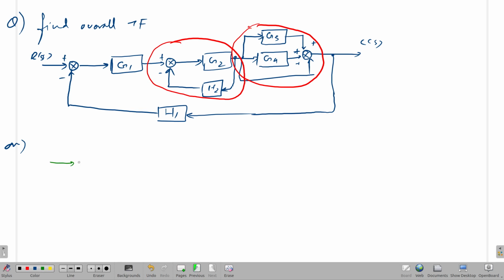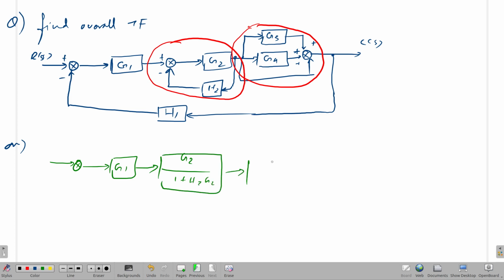After reducing these two, you will have your G1 here, then your G2 by 1 plus H2 G2 here, and then you have your G3 plus G4 plus 1 here, and you have your feedback here.